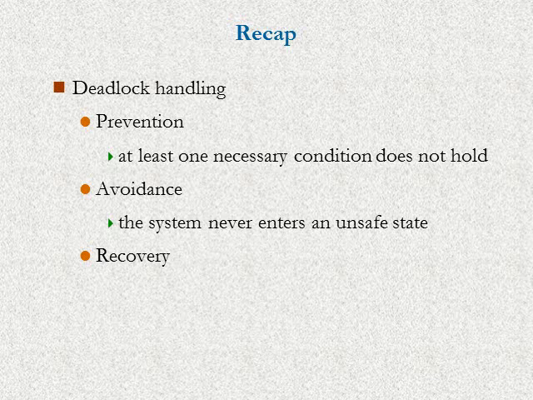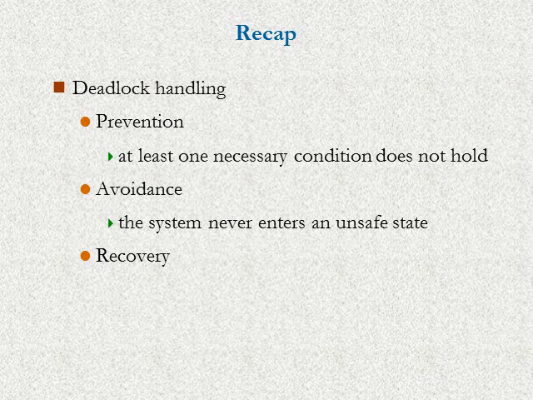We discussed that if we have single instance of resources, then we can use the resource allocation graph for avoiding this deadlock. However, if we have multiple instances of a resource type, then this resource allocation graph may not be very useful, so we have to opt for some other mechanism.